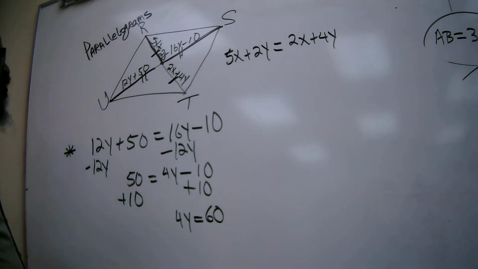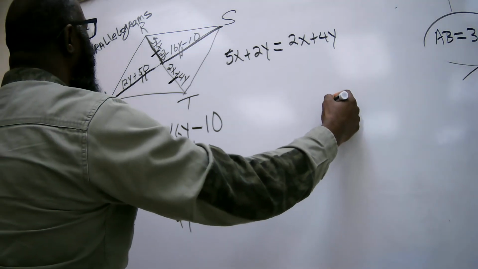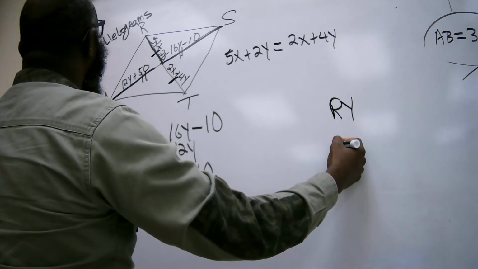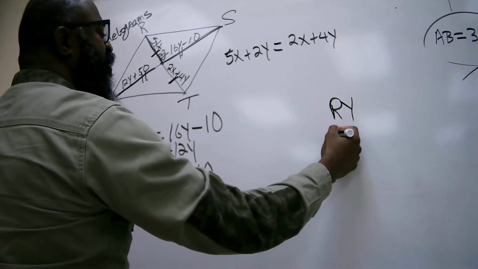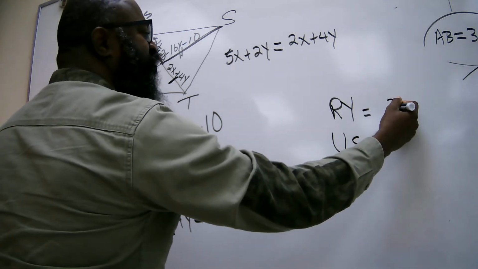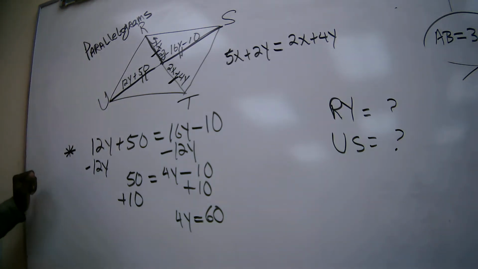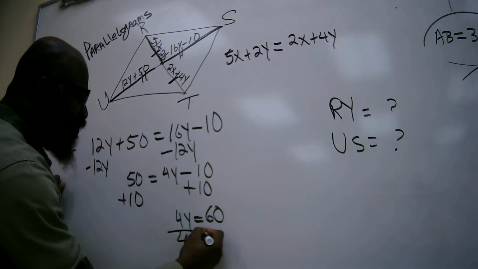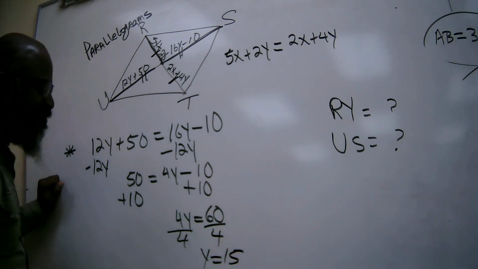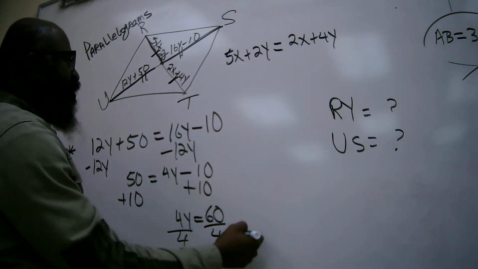And not only were we supposed to find the variable, we were supposed to look for the following: RT and US. So those are the things that we want to find. In order to find that, we need to know the variable. So you have to divide by 4. In this case, y is 15. We find y. Right?